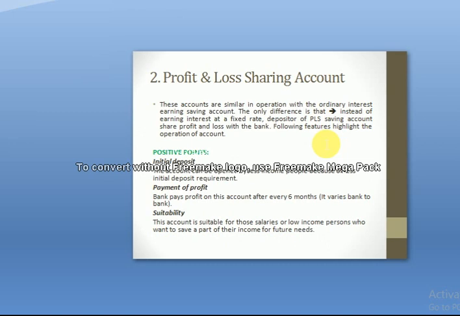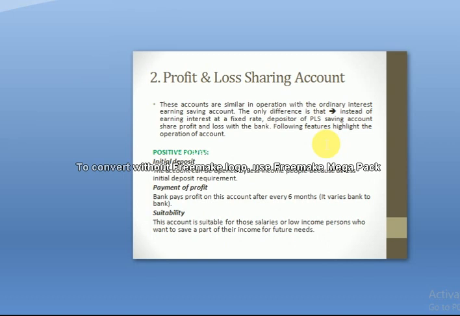When the bank gets profit from those projects, a specific portion of the profit will also be given to the profit and loss account holder. And if the bank is in loss from those projects, the loss will also be shared by the profit and loss sharing account holders.